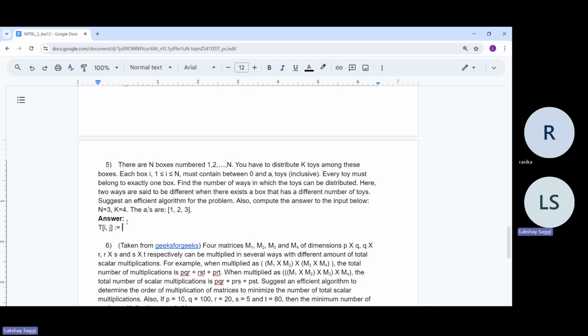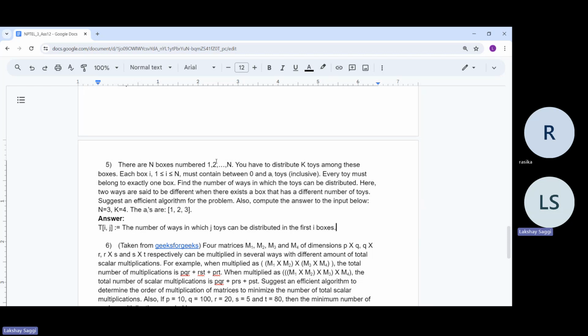It stores the number of ways in which j toys, suppose we did not have k toys, but we only had j toys, can be distributed in the first i boxes.